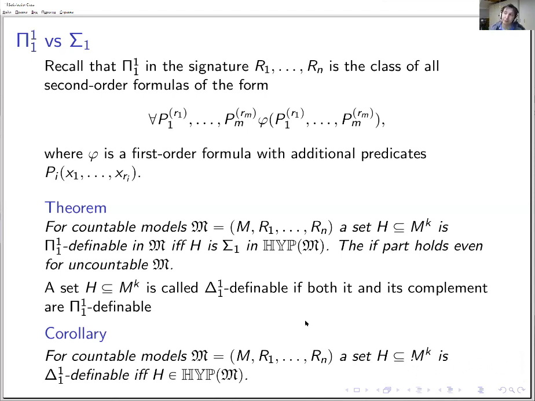Now the point is that inside heap of M, we have the theory of proofs in M logic.